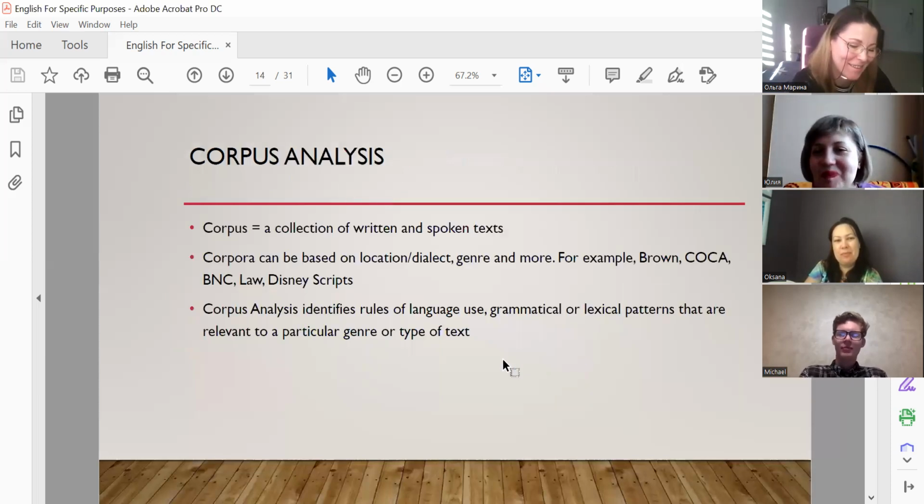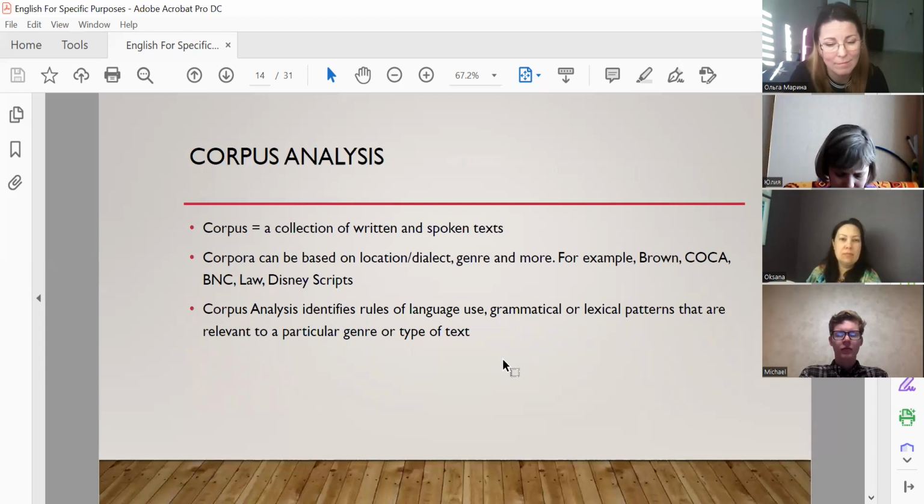Now, corpus analysis. No questions. What is it? A collection of written and spoken text is a corpus. You have many corpora online, and corpora can be based on location, dialect, genre, and more. You have, for example, Brown, COCA, BNC, law, Disney scripts. You can find corpora online, like collections.